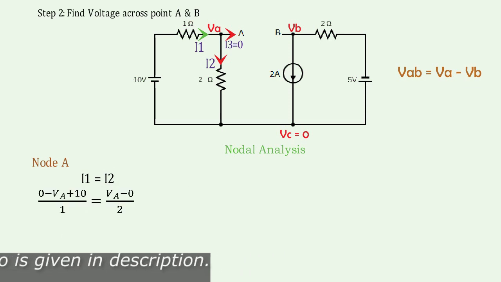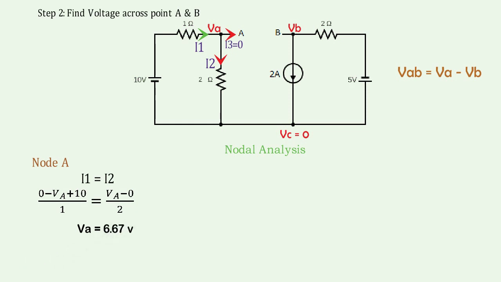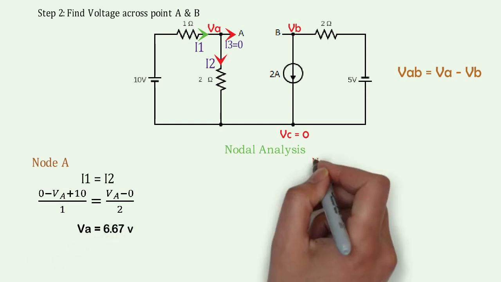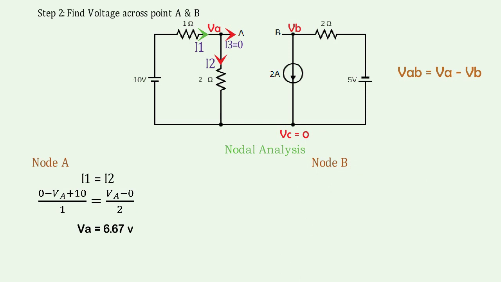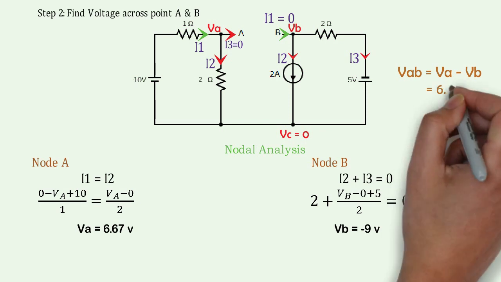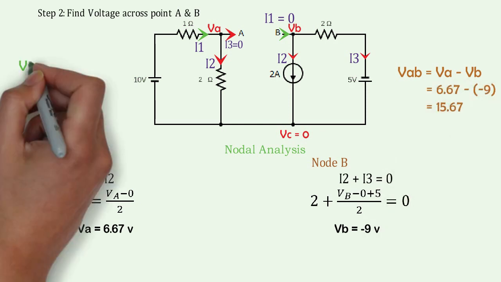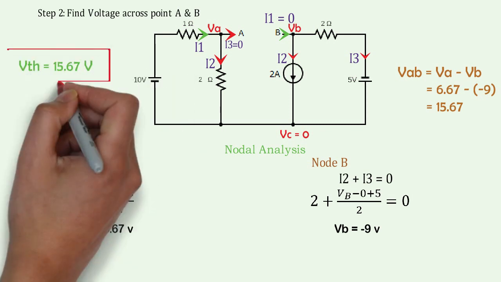After solving this equation, we get VA equal to 6.67 volts. Same as node A, we can apply the node equation at node B too, and we get -9 volts at node B. Here Thevenin's voltage is the potential difference of VA and VB, so it will be 15.67 volts.